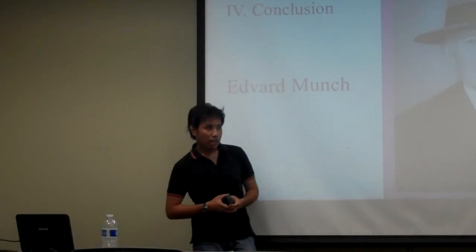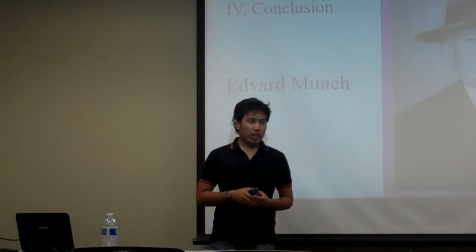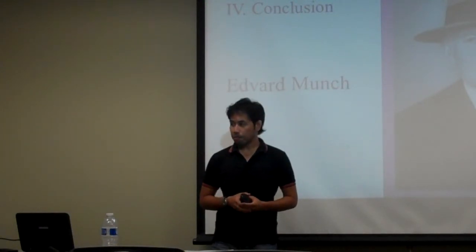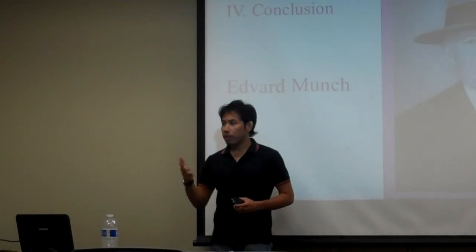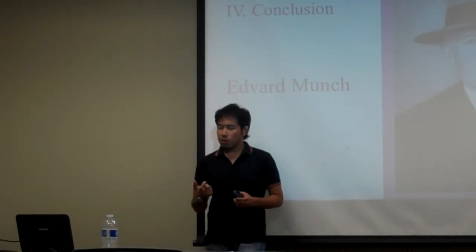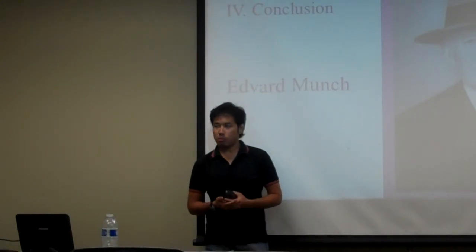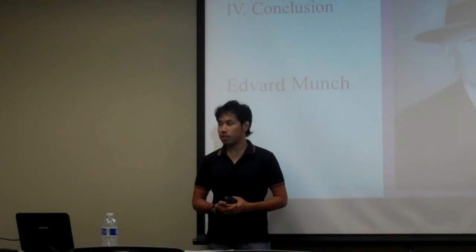In sum, I talked about Edvard Munch's life as an artist, when and what his influences were. In addition, I mentioned the three techniques he used, and finally I showed you two of his masterpieces, The Scream and The Sun, from different periods.